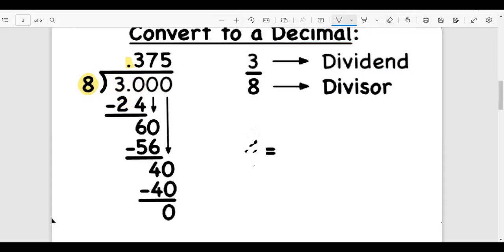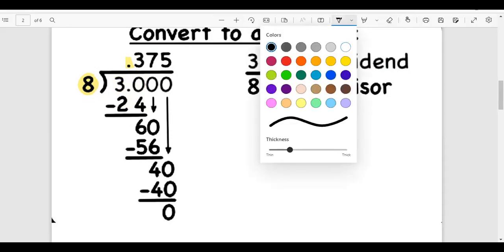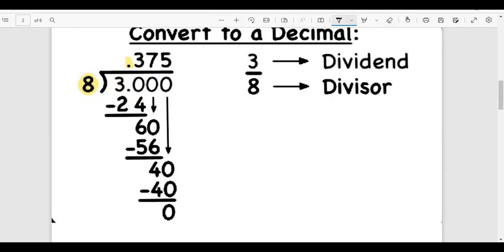Okay, so imagine we have 0.375. Now I can see I have 3 decimal places, so I need to multiply it by 1000 and I need to divide it by 1000.